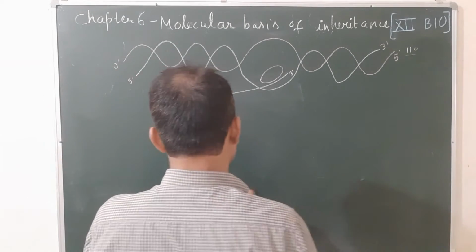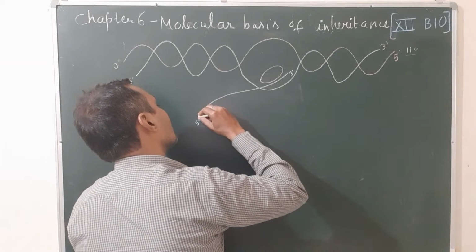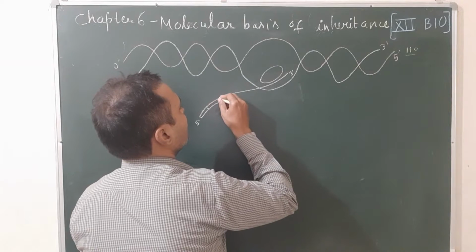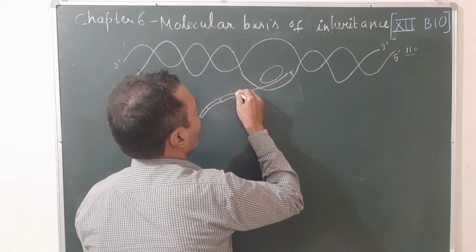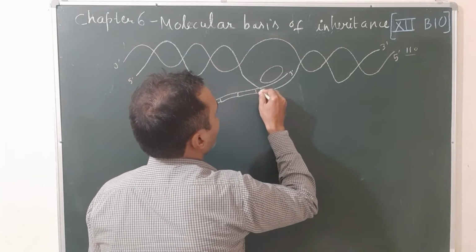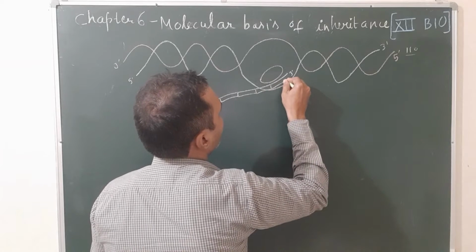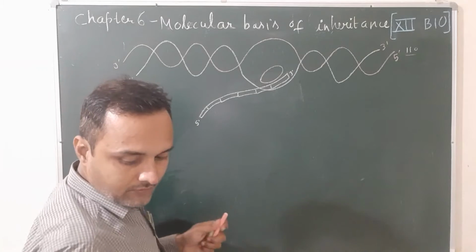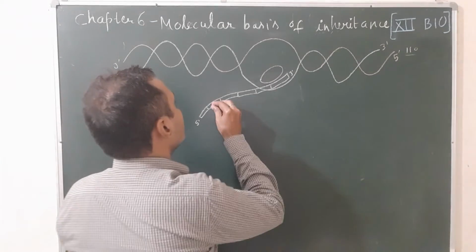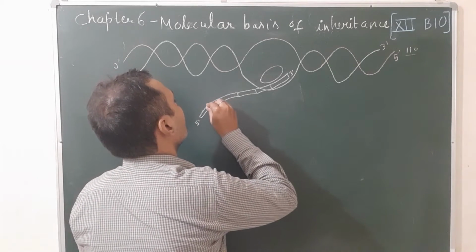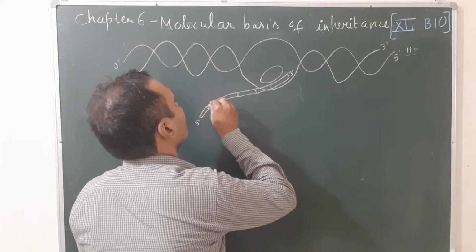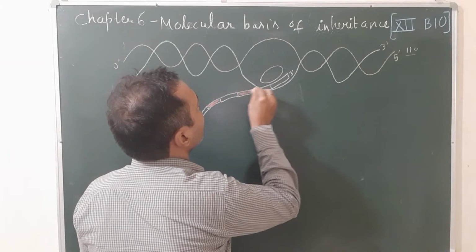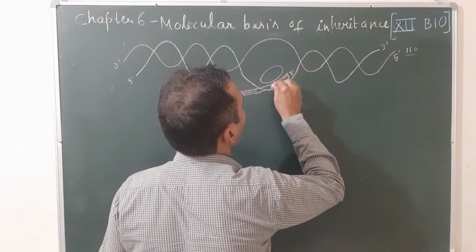You know there are two regions in eukaryotic mRNA, known as coding and non-coding regions. Coding regions are known as exons, and non-coding regions are known as introns. For example, this red one represents the non-coding regions, that means these are the introns.